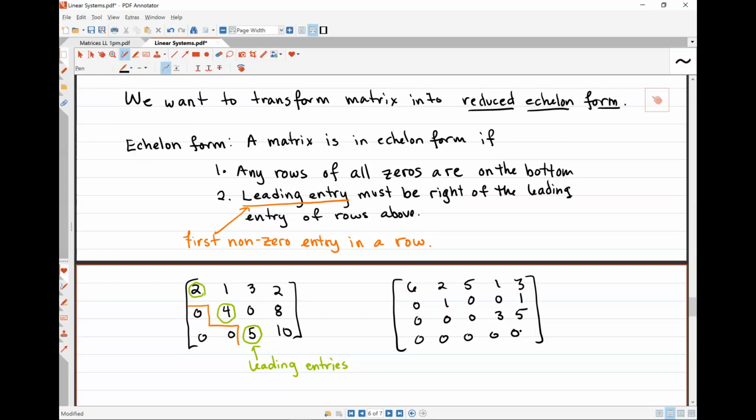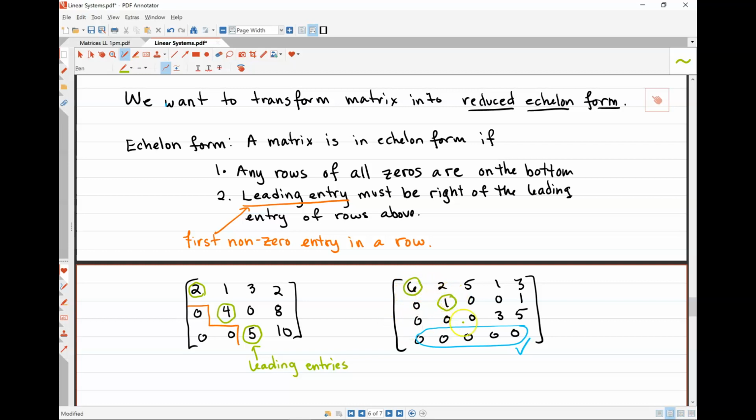Okay, so this matrix is also in echelon form. This time I do have to worry about the situation with a row of all zeros, but this row of all zeros is at the bottom, so that's meeting that first criterion. And then after that, I think I'll just highlight these leading entries again.